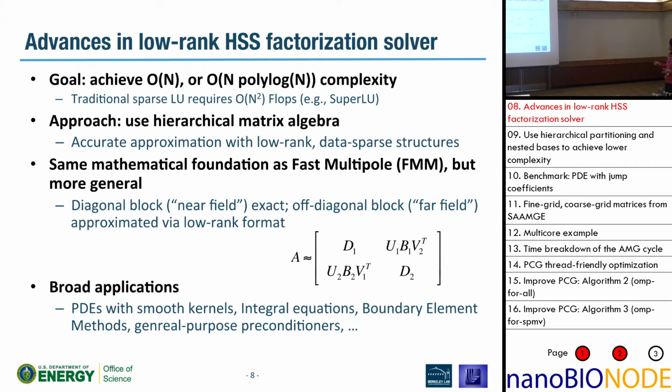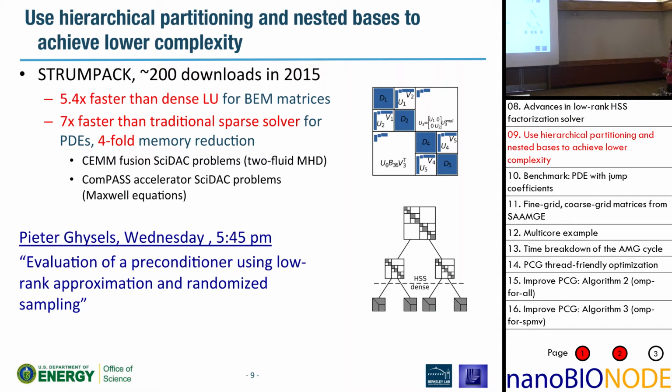For the far-field off-diagonal blocks, you use compression, like SVD compression, removing all the singular vectors corresponding to the smallest singular values. If you do this only for one level, you won't get an asymptotically faster algorithm, so you have to do this in a multilevel hierarchical way. That's what this picture is about.